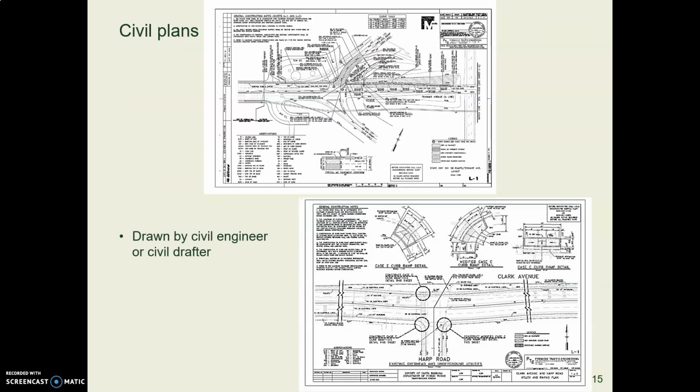A civil plan is drawn by an engineering firm, a civil engineering firm, or a drafter working for a civil engineering firm. And they have sections and profiles and layouts of road curves and so forth that are particular to that profession. You will also do a lot of drawing of utilities and that sort of thing.